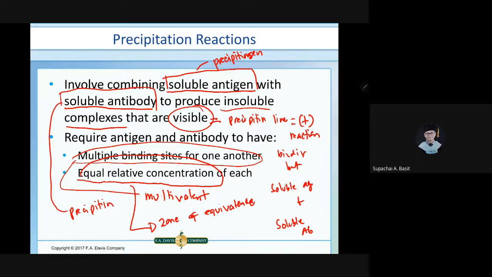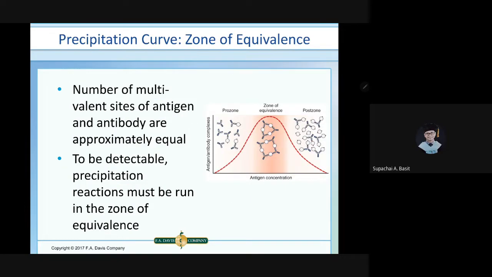Without the zone of equivalence, you will not be able to achieve a precipitation reaction.